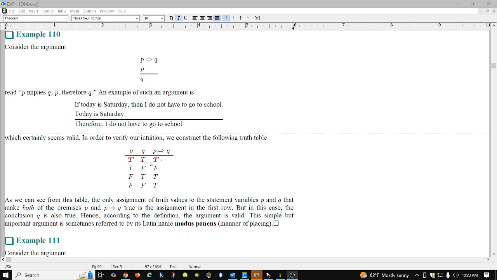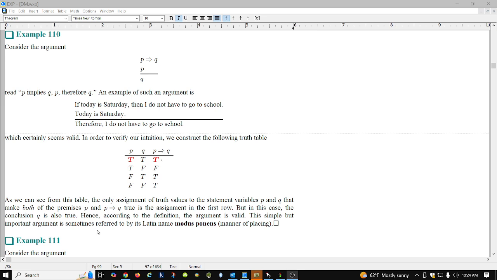And that's only in row 1. I made the hypotheses red so it'd be easy to pick this row out. This is the only row in which both hypotheses are true, and in this case, the conclusion is also true. So by definition, this is a valid argument, as well it should be.